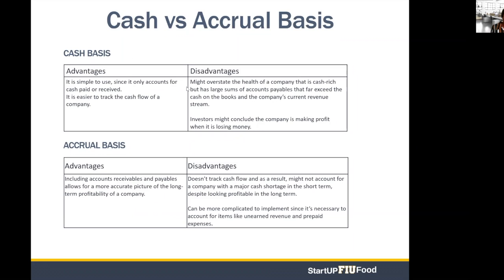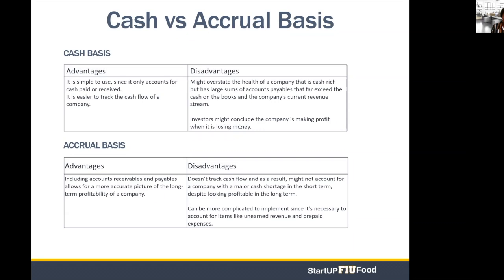So I would say a disadvantage for cash basis is more likely to be that you could potentially understate the health of your company, especially if you have contracts. So for those of you who are caterers, those of you who maybe have some contracts either with food service or with particular grocers, and you receive payments at certain points, but you've already produced the product and you won't receive payment until after, you could definitely run the risk of understating your profitability and the health of your business.